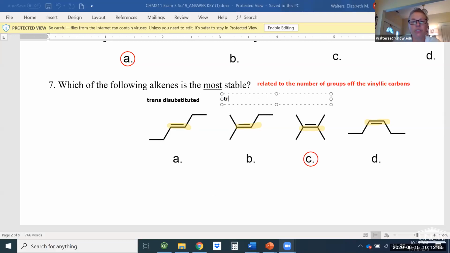But regardless, it's tri-substituted. C is tetrasubstituted. And then D is cis disubstituted.